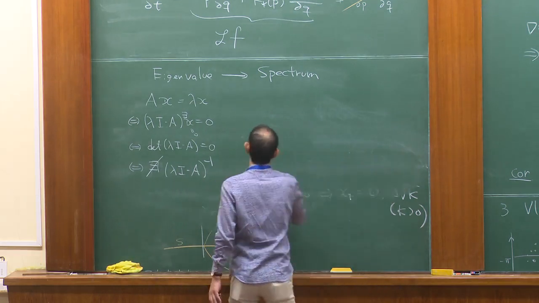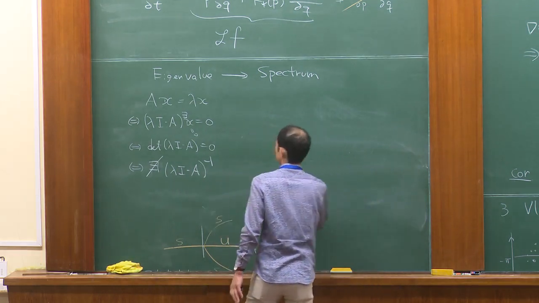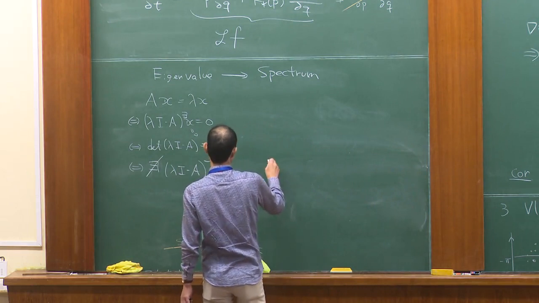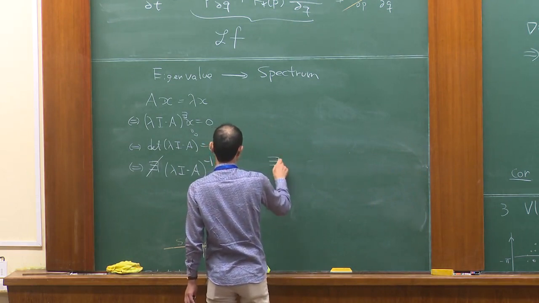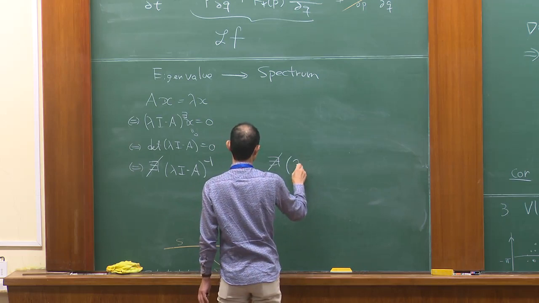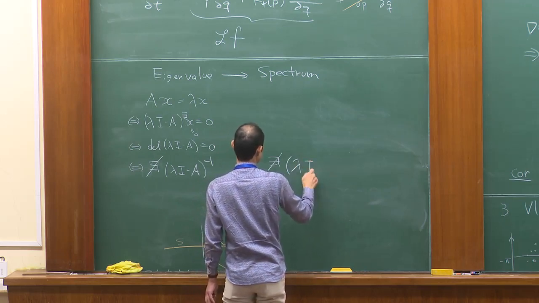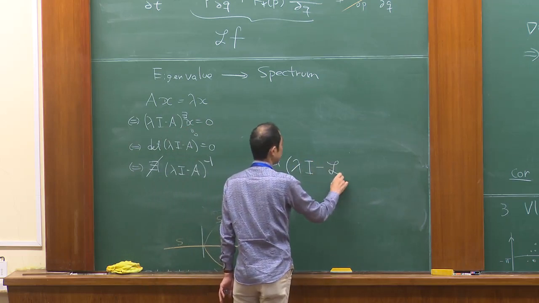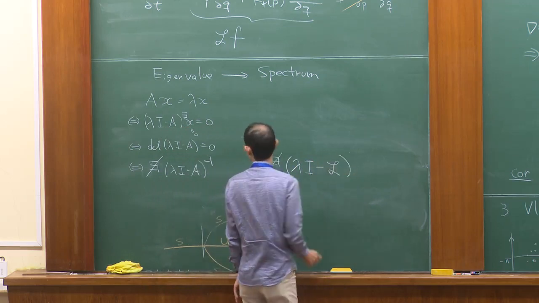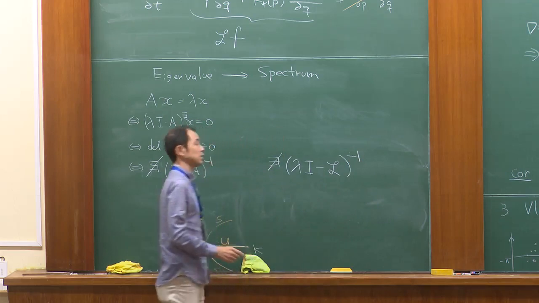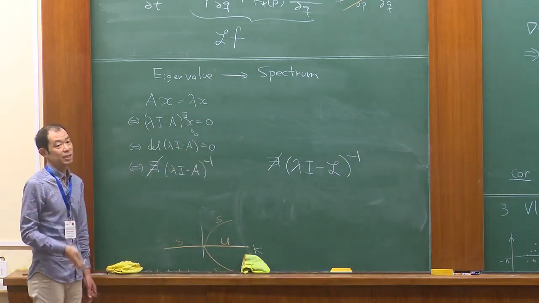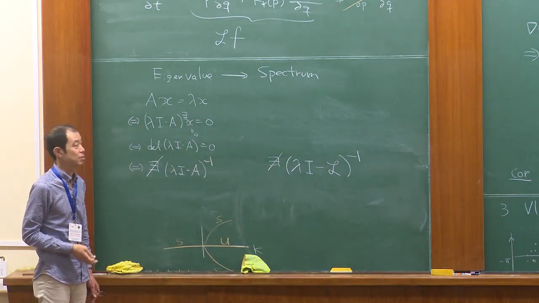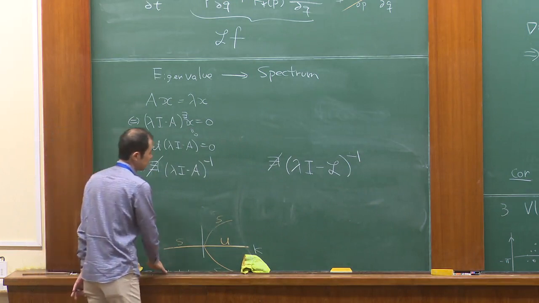The same thing holds for the spectrum. If we consider this identity operator and this my L operator, and the inverse operator does not exist, then lambda is in the spectrum. This is the definition of the spectrum.